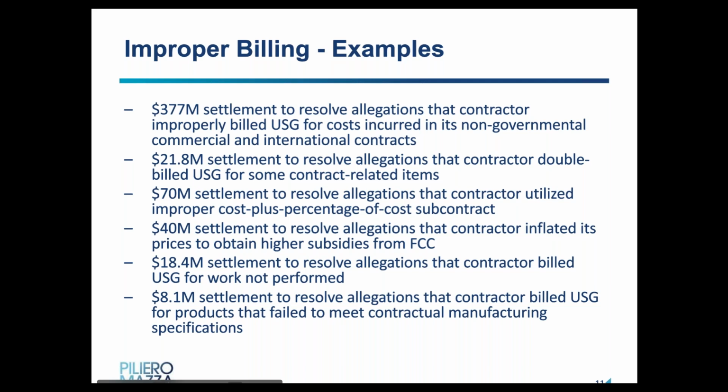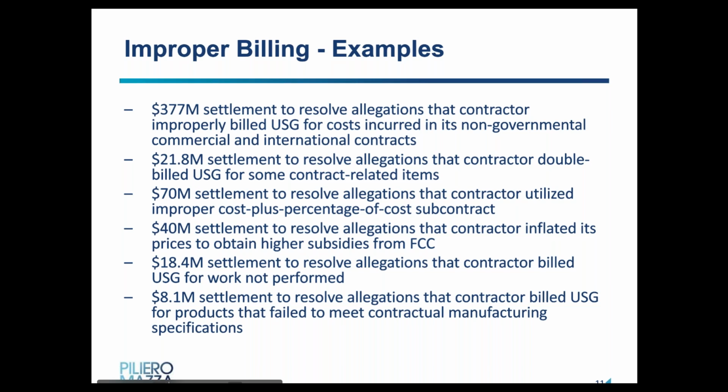So in this situation, there was a benefit within the same family of companies, and there was more of the actual knowledge side of the wrongdoing and nefarious activity here. But it goes back to the point we were just talking about, of the need to make sure that you're paying attention to your subcontractors and what they're billing as well.